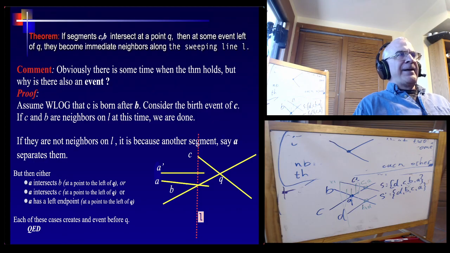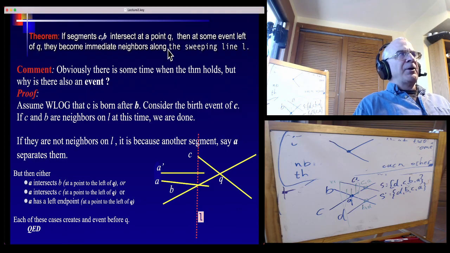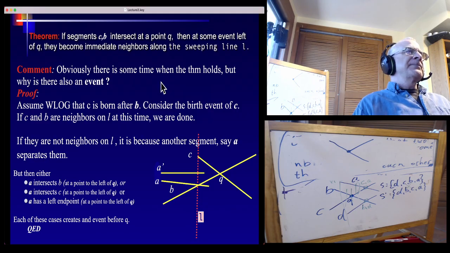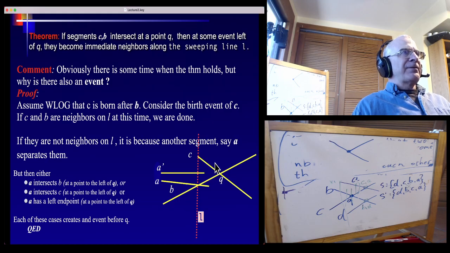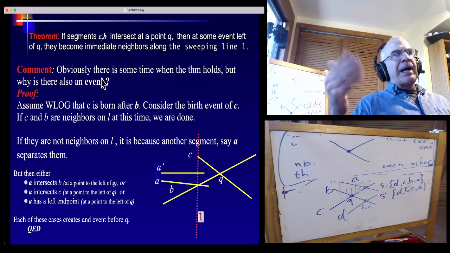There must be an event prior to Q at which C and B are neighboring. Right? And obviously, if I move slightly to the left of Q, they must be neighbors, otherwise they don't cross, and they both exist slightly to the left of Q. But the heart of the proof is to say that there is an event of some type.